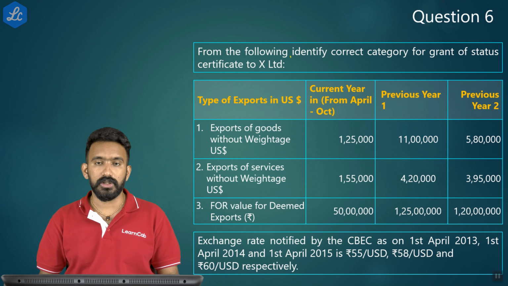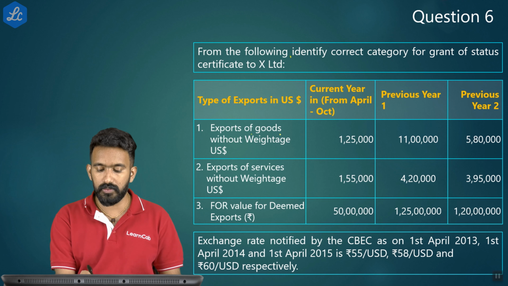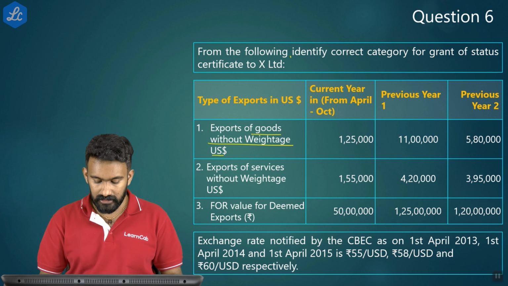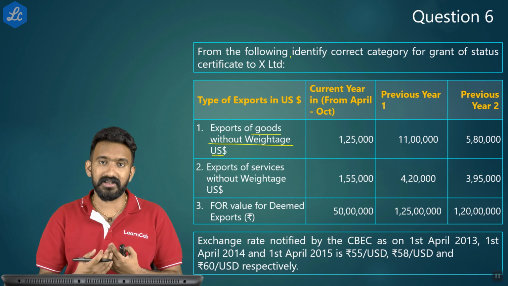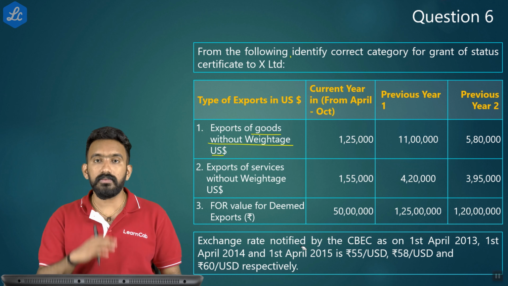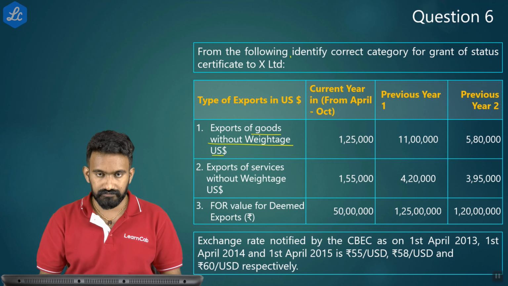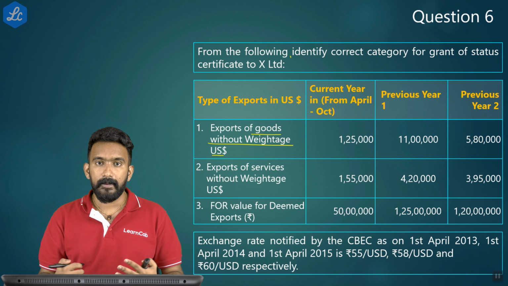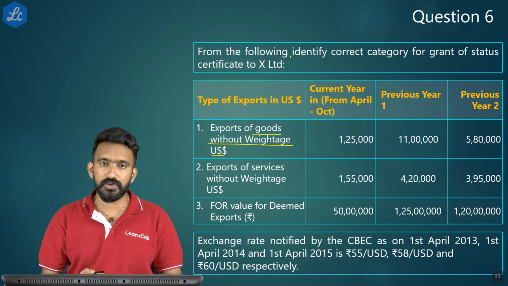Type of exports in US dollar. Exports of goods without weightage. What do you mean by weightage? For a one-star export house, certain categories of exports, like an MSME, micro, small, medium enterprises, if they are looking for a one-star status holder certificate, their exports should be treated as 2 times the normal limit.